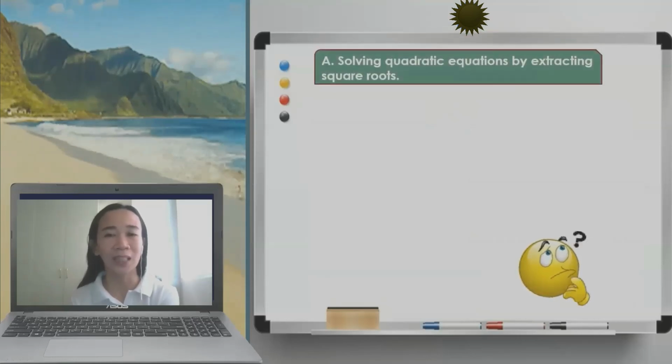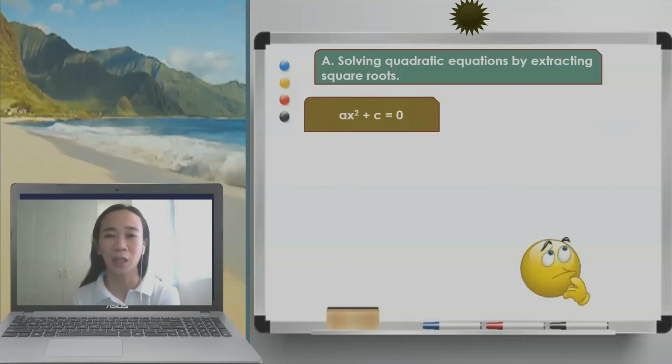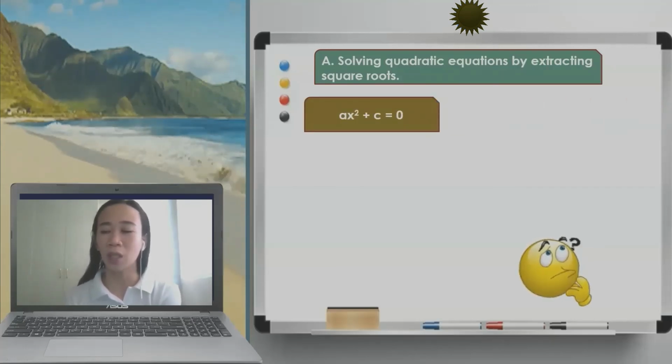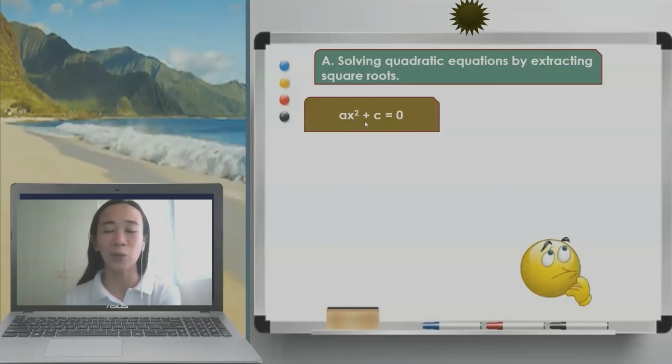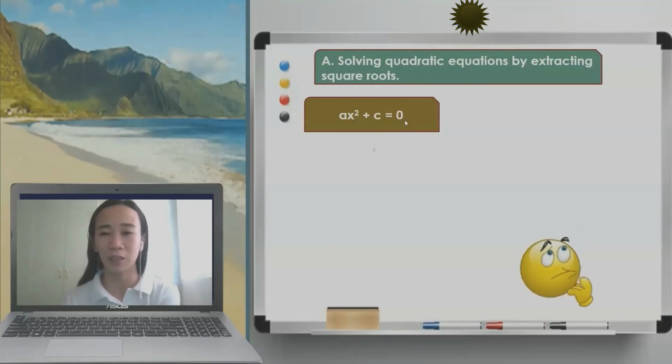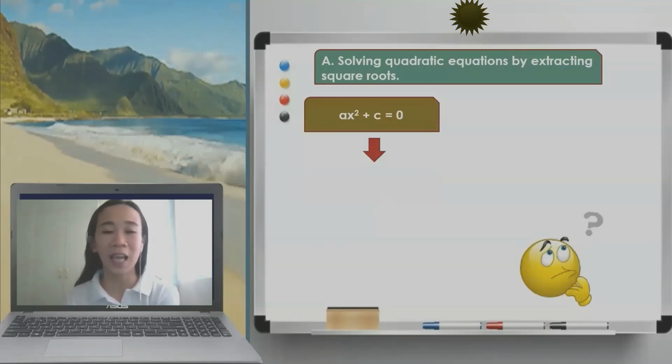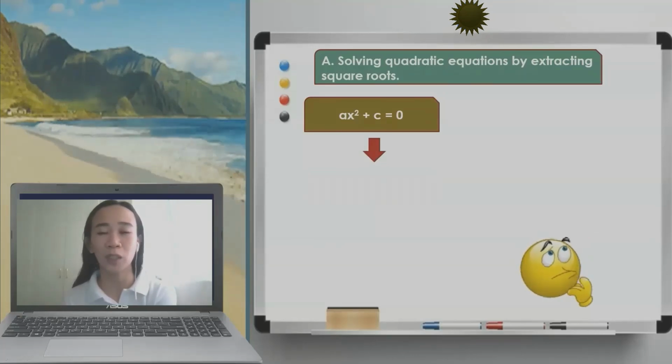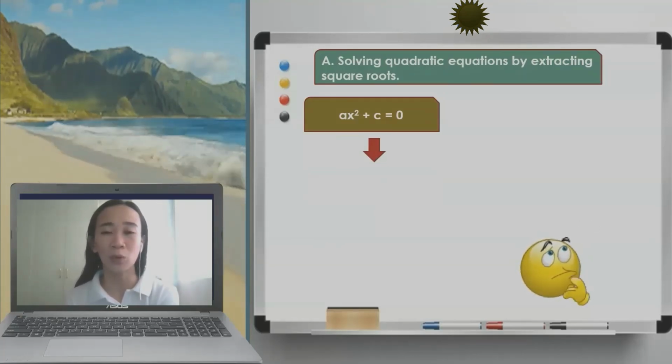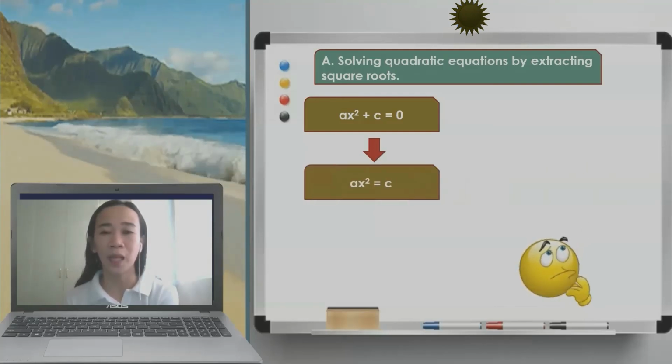Let us solve quadratic equations by extracting square roots. To extract square roots, our quadratic equation must be in the form ax squared plus c equals 0. Since our c is any number, negative or positive, when we transpose, it will become ax squared is equal to c.